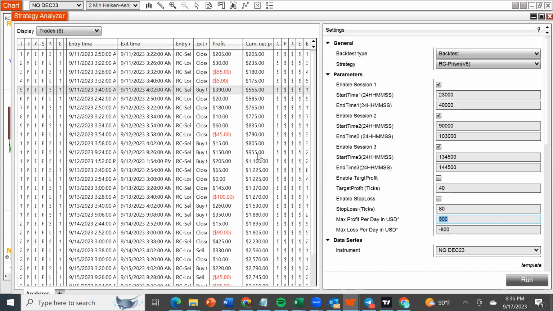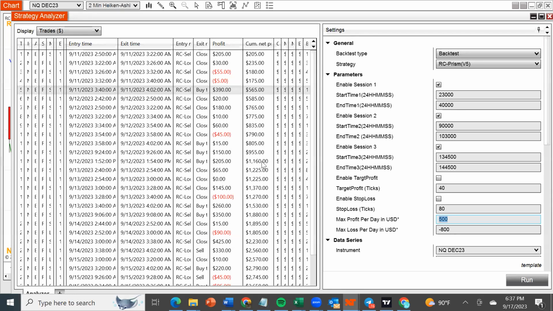You can see here 955, and then another buy, now 1160. That means 500 plus 565 is 1065, and it crossed it. Then immediately at 1:54 p.m., it won't run any more trades after 1:54 p.m., because it reached the target. From 565, it crossed above $500 for the day.